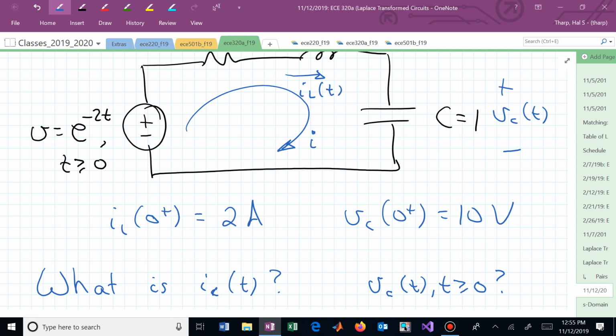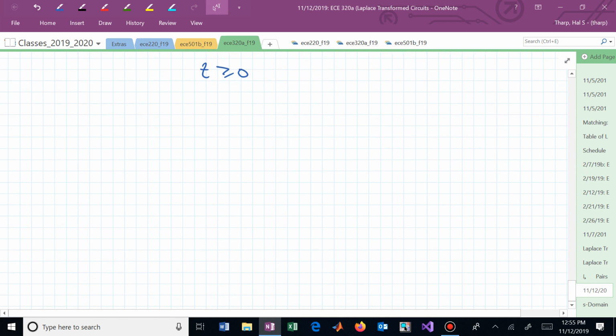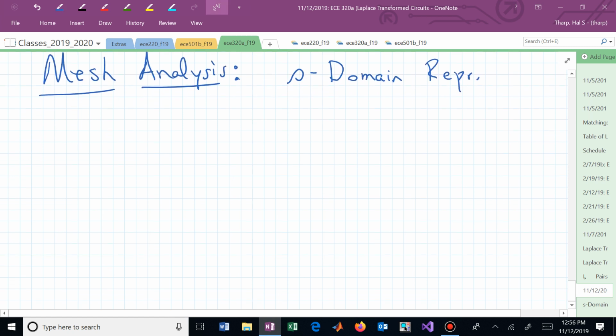So now I went back and said, I'm just going to use a generic I. In the S domain, that's going to be a capital I. And if I'm doing mesh analysis, I now know how I'm going to replace or represent those initial conditions in my S domain circuit. I have my source, which was e to the minus 2t in the time domain.